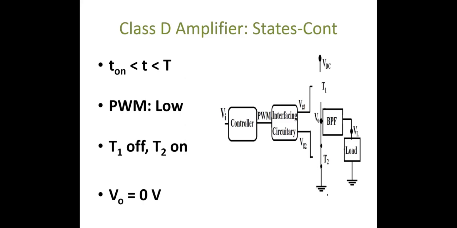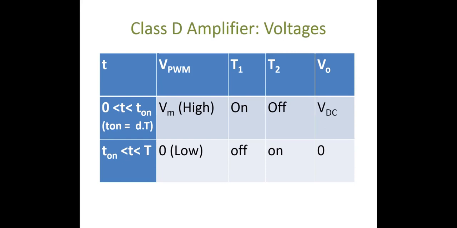Now we can summarize the two states in this table. The leftmost column is t, then we have the column VPWM, that is the PWM voltage or level.